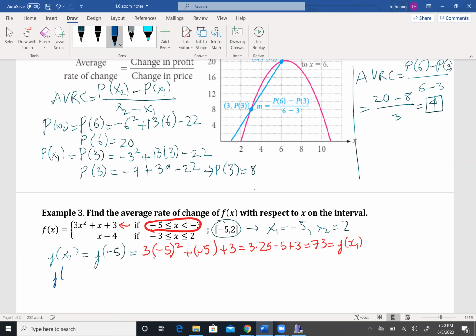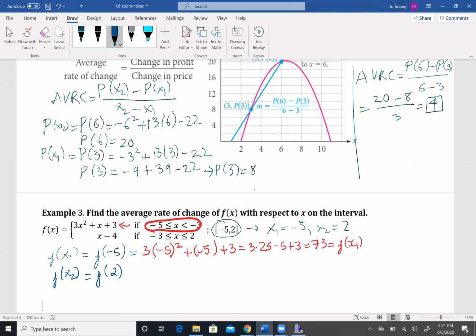Okay, so now for the other case, f of x2, you have f of 2, and since x2 equals 2, I have to check which part of the piecewise function I should apply.